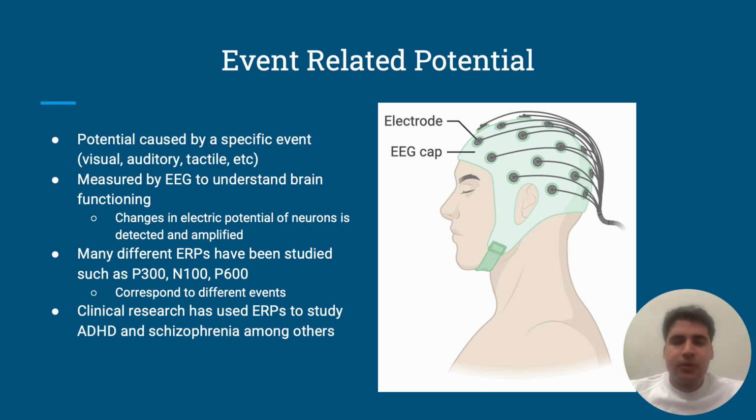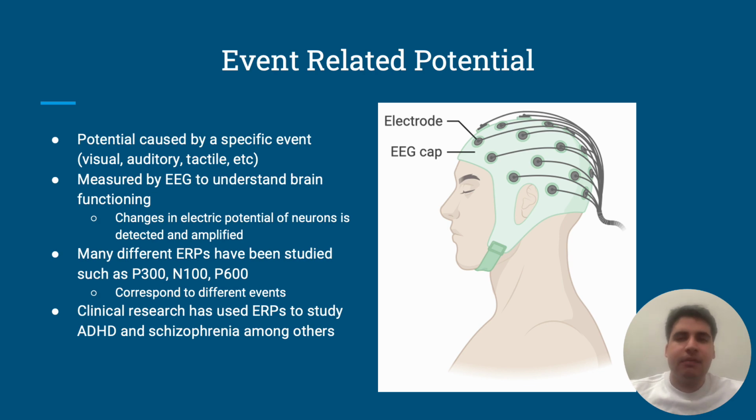Moreover, it is also important to note that there are multiple different event related potentials and each of them are of different significance. For example, we have P300, but we also have N100, P600, and all of these are significant due to different reasons.